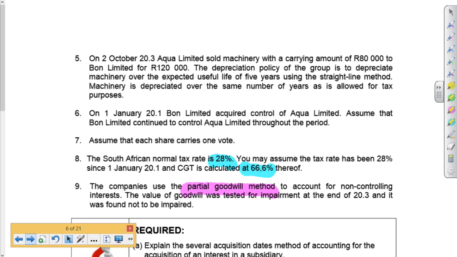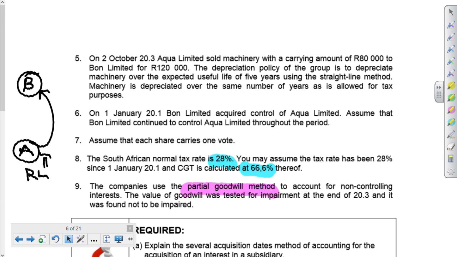So it says on the 2nd of October, Aqua sold machinery to Bon with a carrying amount of 80. So here's Bon, here's Aqua. The profit went this way, with a carrying amount of 80, and the profit is 40. Do you agree?